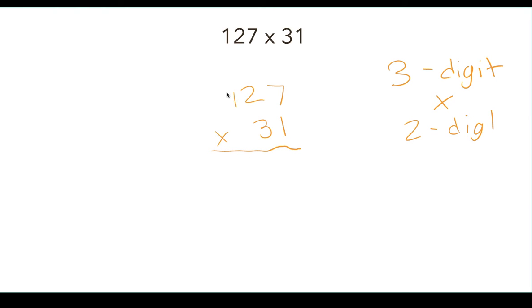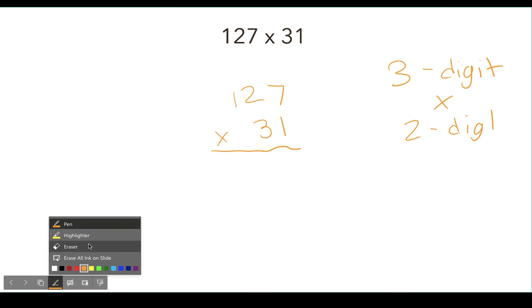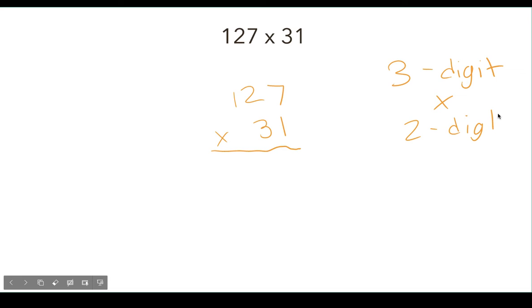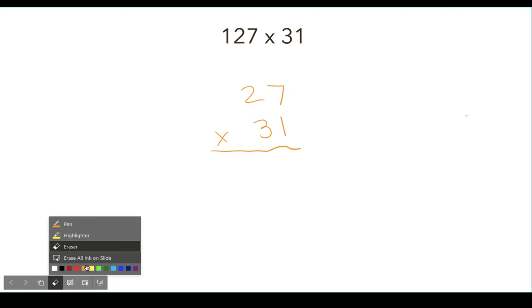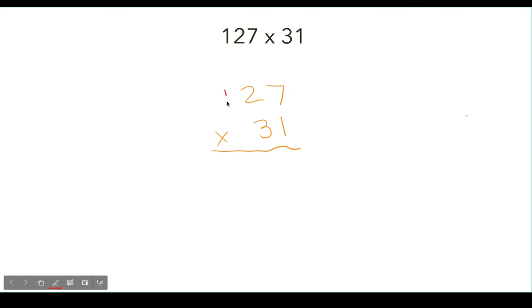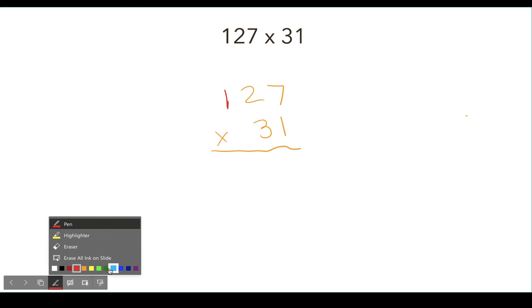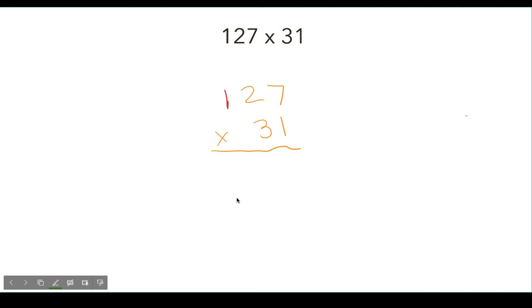The only difference is, if we were to take away this 1, which I should erase for a second. Okay. There. What is this? 27 times 31, right? All we're doing is we're adding an extra number. Very simple. It's not too much different. But anyway, let's start solving.